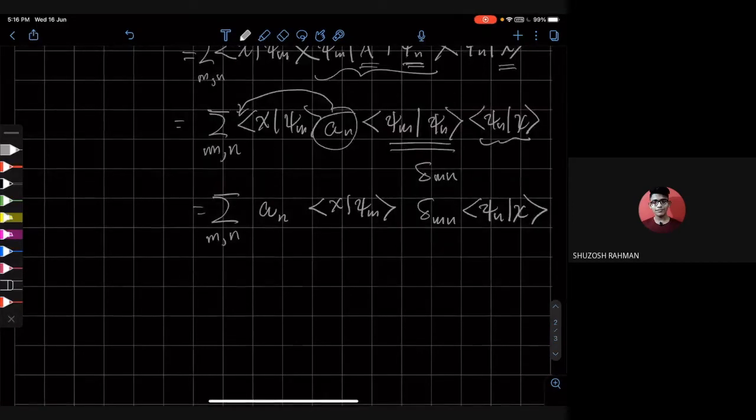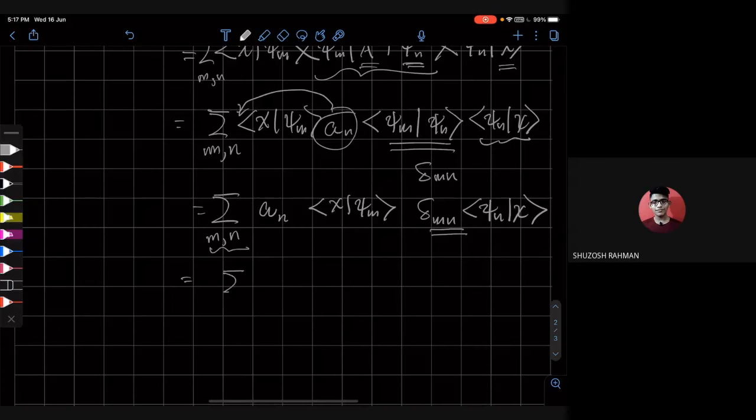Just bear with me. Now, here there are two sums. We can do one of these sums, say the sum over m, using the Kronecker delta. The property of the Kronecker delta is that it is 0 when m is not equal to n, and when m equals n, it is 1. So in this sum over m, only the m equals n term is going to survive.